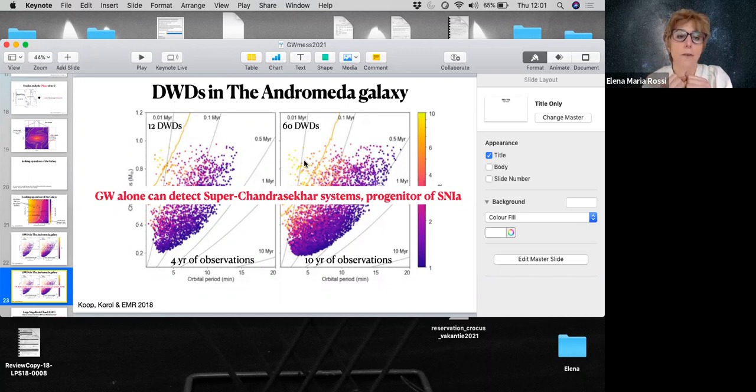In fact, we have no confirmed candidates observed so far in the galaxy. And with this paper, we made the point that you can observe them copiously in the galaxy, but even out to Andromeda. And this is very important to pin down the progenitor of supernova Ia.